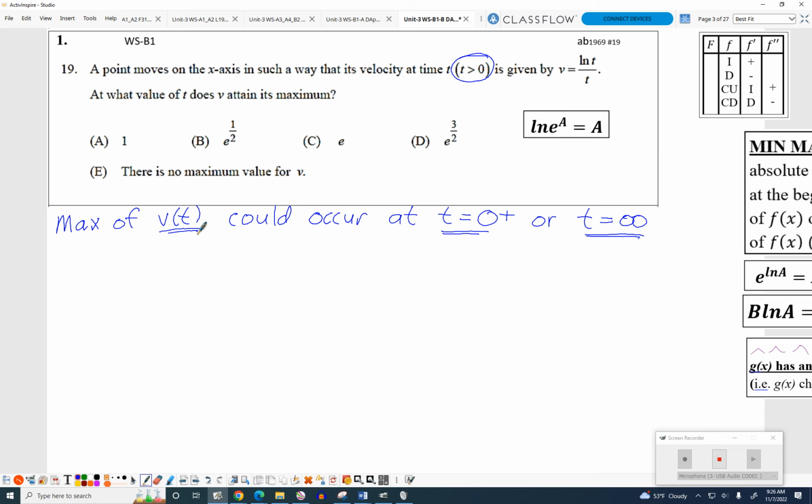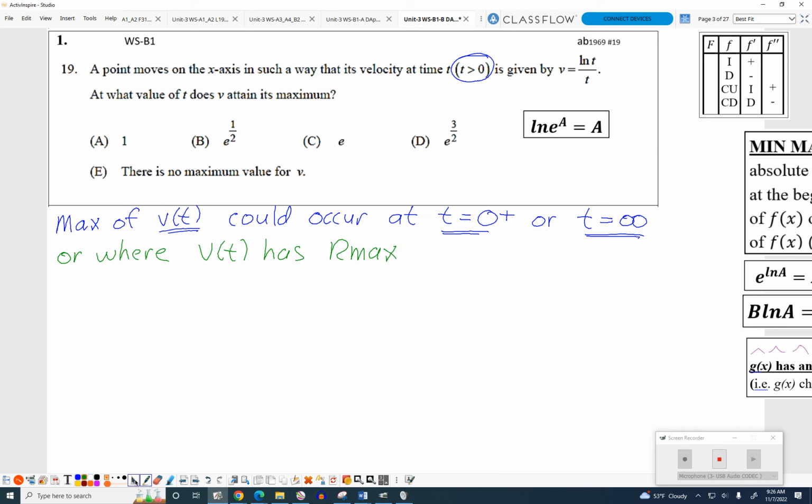But we also must worry about, hey, maybe in between those two times, V has some relative maxima. At any of those spots, V could also be greatest. That's the min-max theorem. You have to have that memorized.